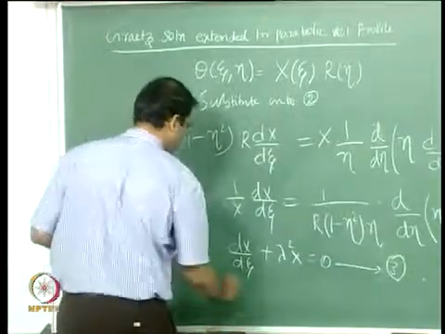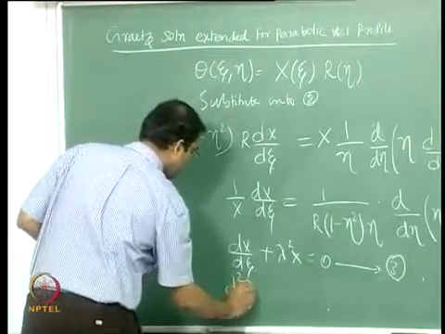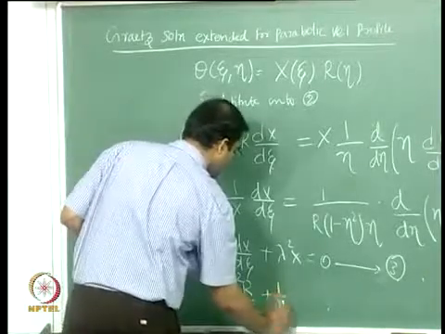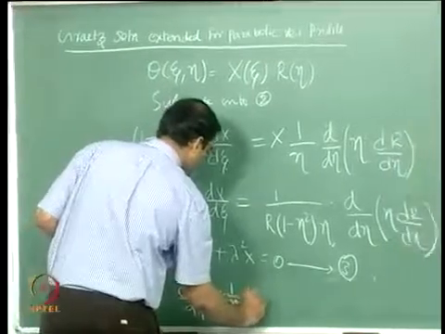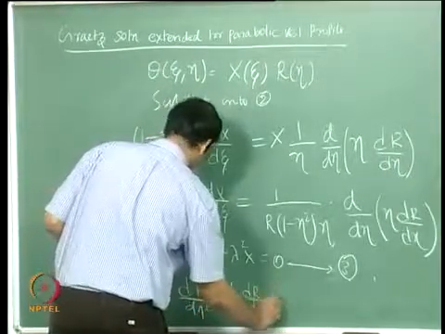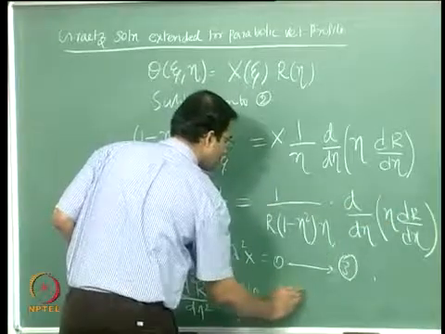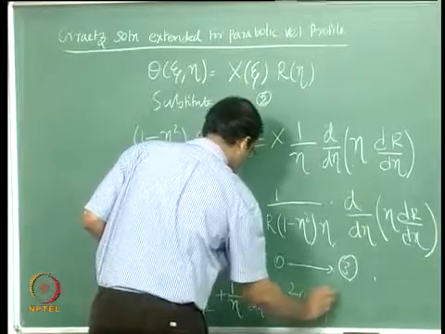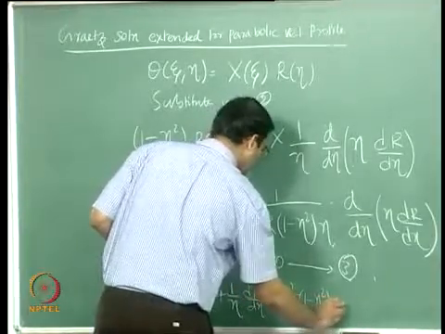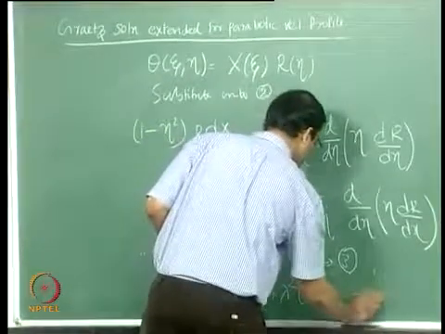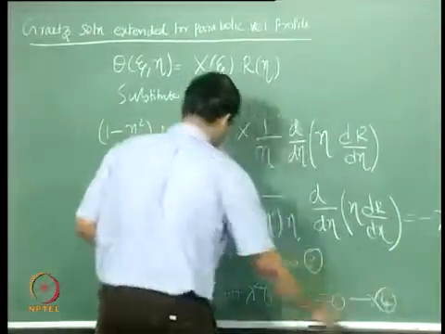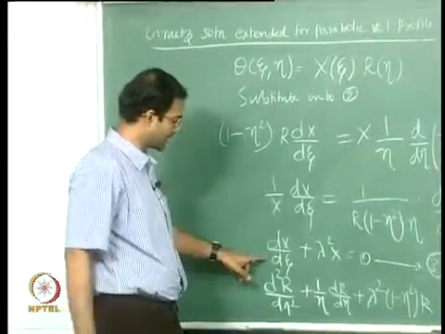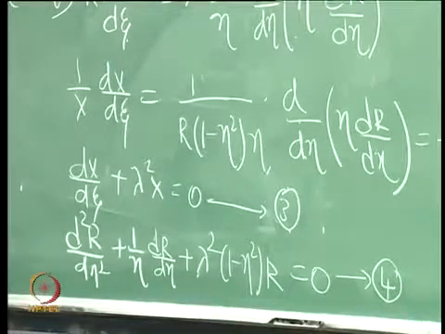If I expand it, I can write this as d square R by d eta square plus 1 by eta dR by d eta plus lambda square, and this entire term I am taking to the other side. So this is (1 minus eta square) into R, equal to 0. I will call this my equation 4. So this is the first ODE with respect to X, second ODE with respect to capital R.